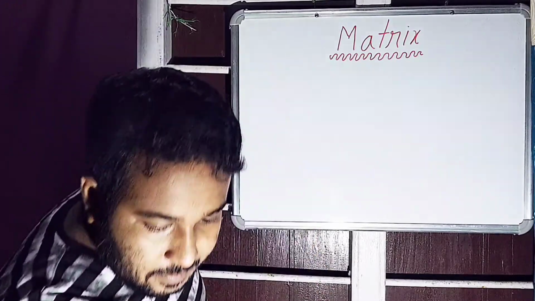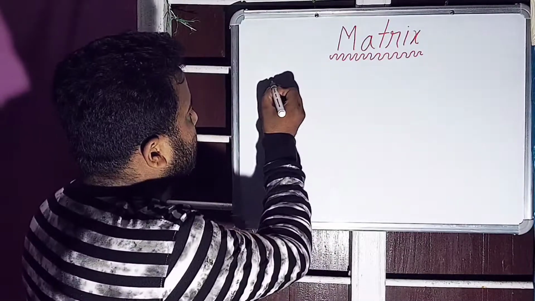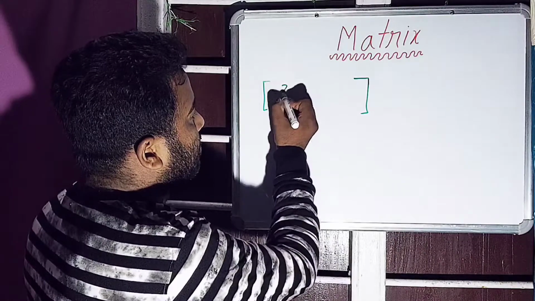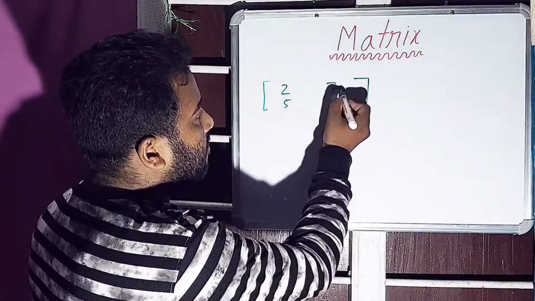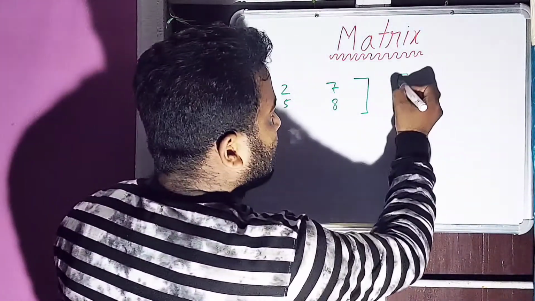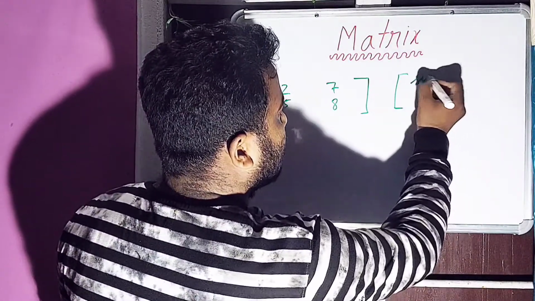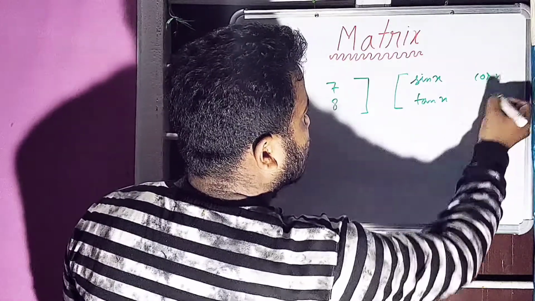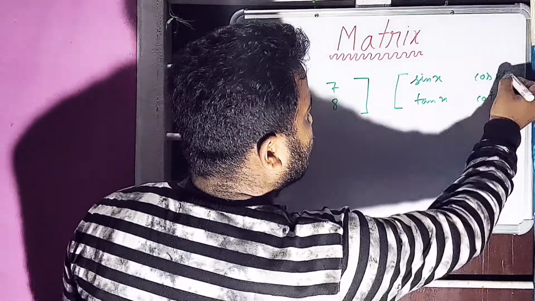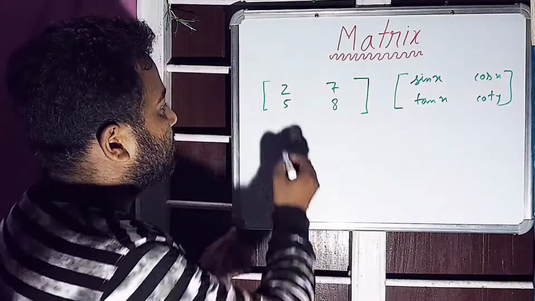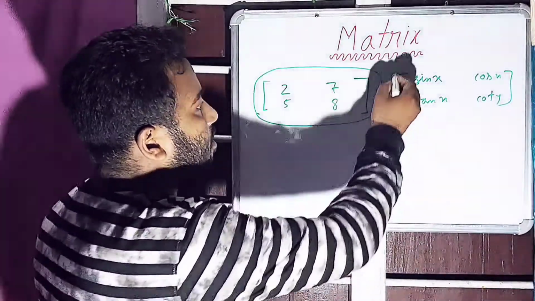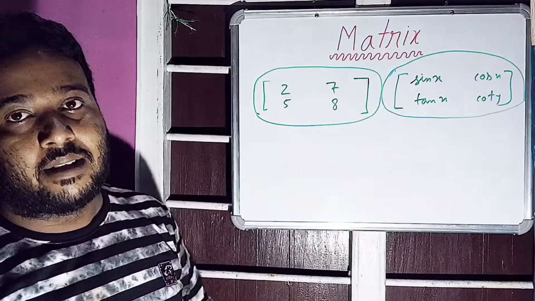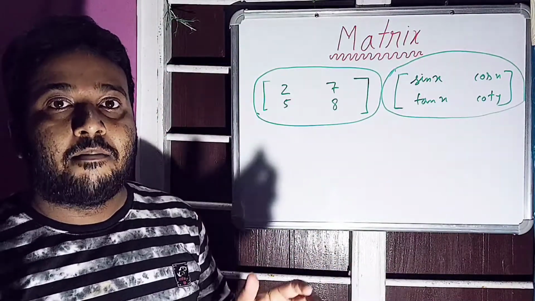So within this bracket, if we write some numbers 2, 5, 7, 8, or if we write some functions like sine of x, tan of x, cos of x, cot of y, so if we write any numbers or any functions inside a rectangular array, then it becomes a matrix.